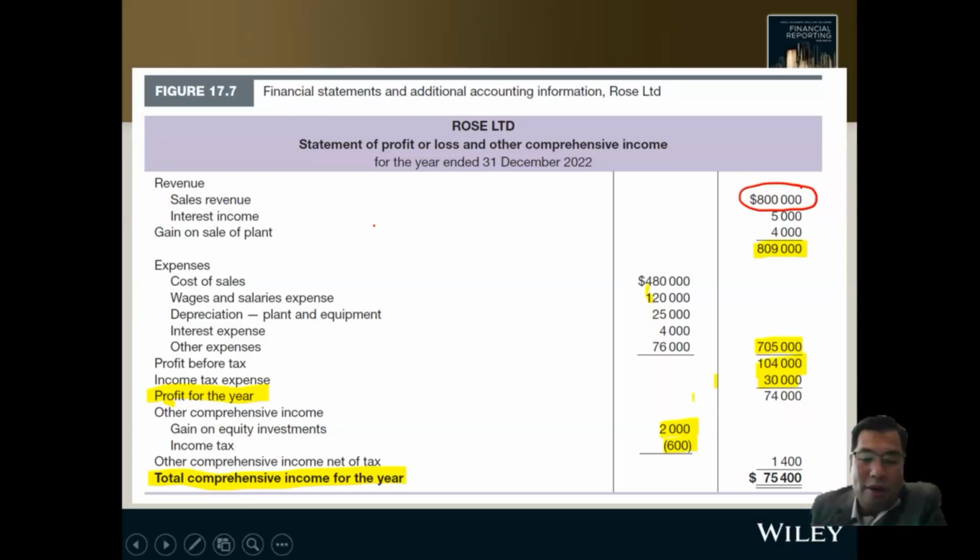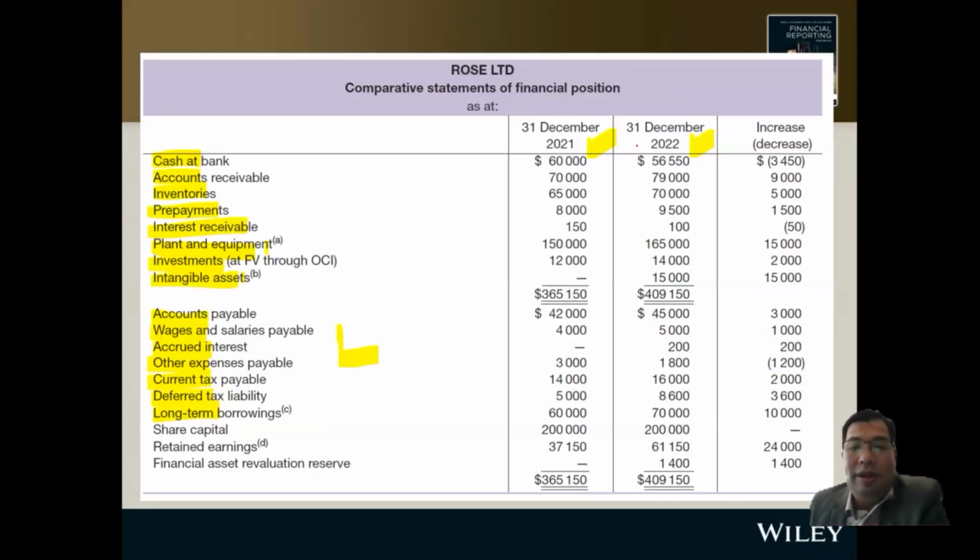So you have to look at your account receivable. Your account receivable previous year is 70,000. Now your account receivable increased to 79,000. Account receivable is the amount of credit sales. Am I right?